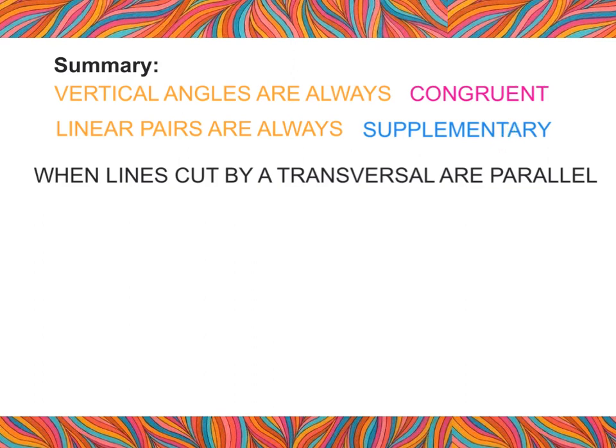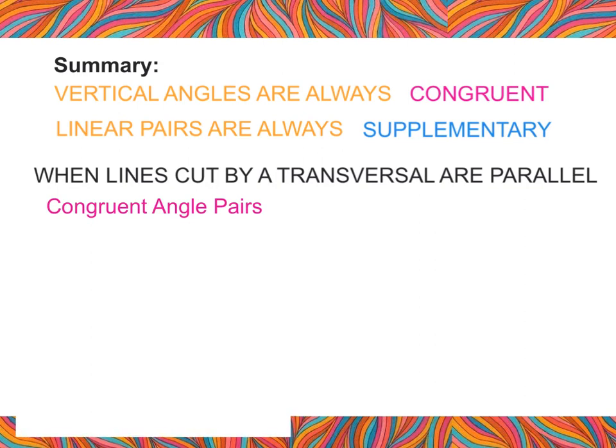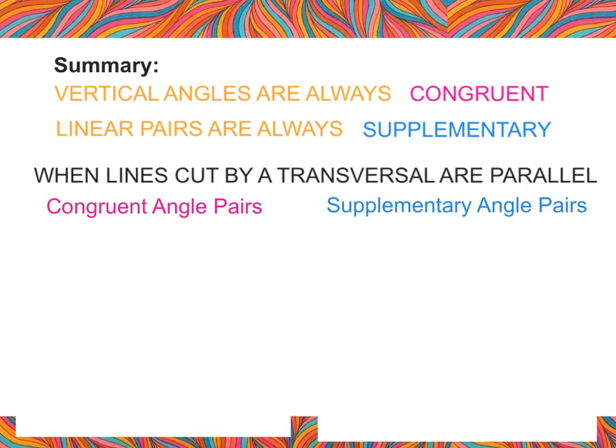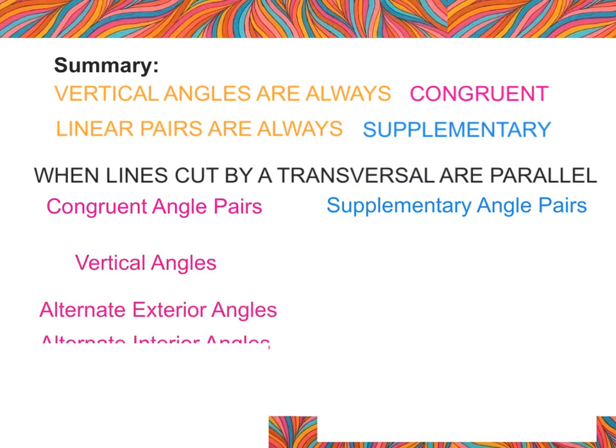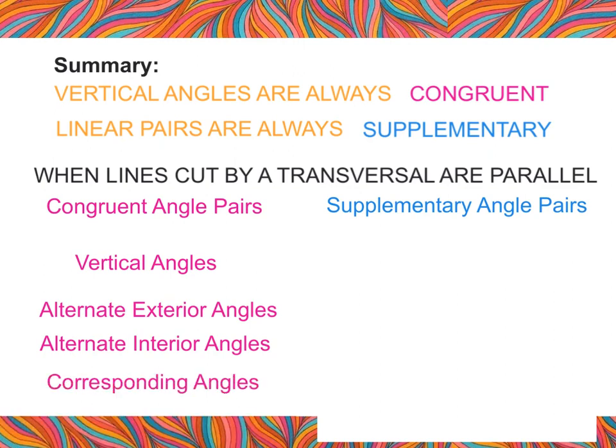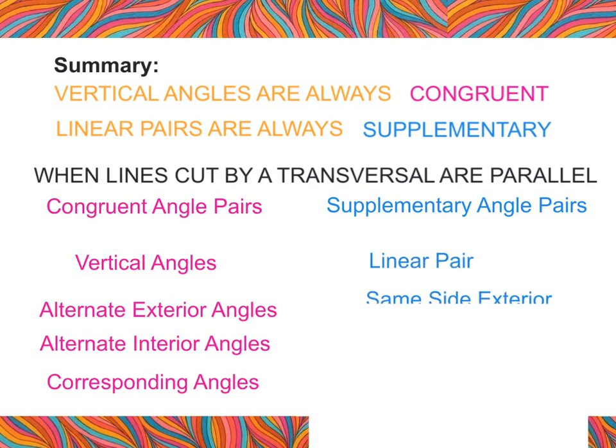But when we have two lines that are cut by a transversal and they're parallel to one another, we need to know that there are congruent angle pairs and supplementary angle pairs. The congruent angle pairs are vertical, which are always congruent, alternate exterior, alternate interior, and corresponding angles. The supplementary angle pairs are the linear pair, same-side exterior, and same-side interior.